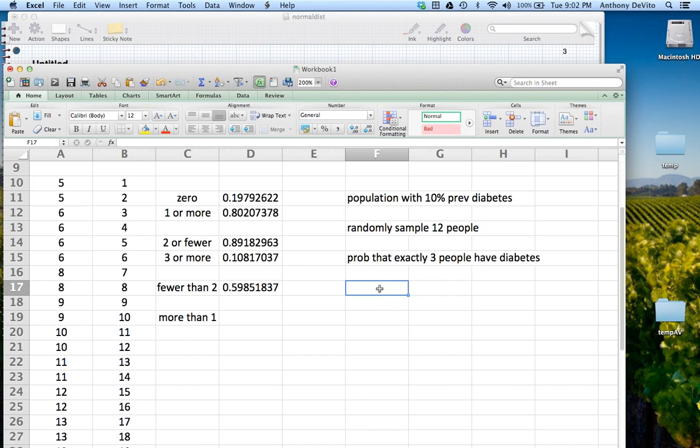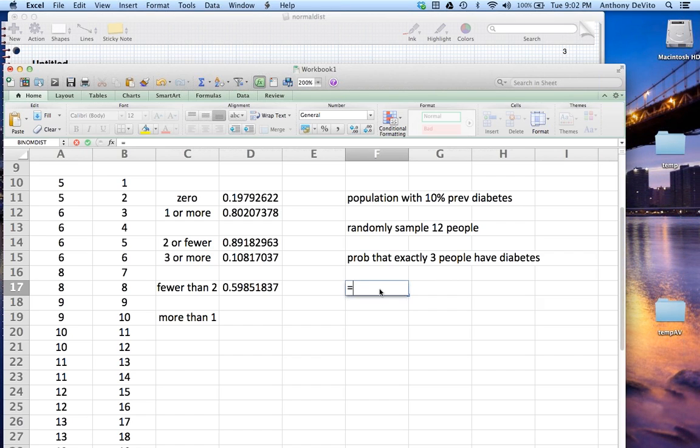But the thing these possibilities all have in common is that they have 2 possible outcomes: have diabetes or don't have diabetes. Two possible outcomes is a binomial outcome. So I'm going to do a calculation now. We can calculate this probability using a function in Excel or a table at the back of the book, which says binom dist.